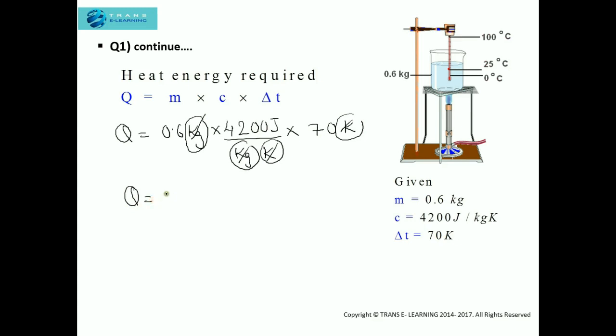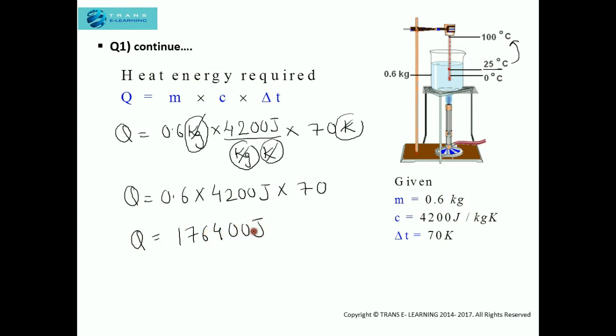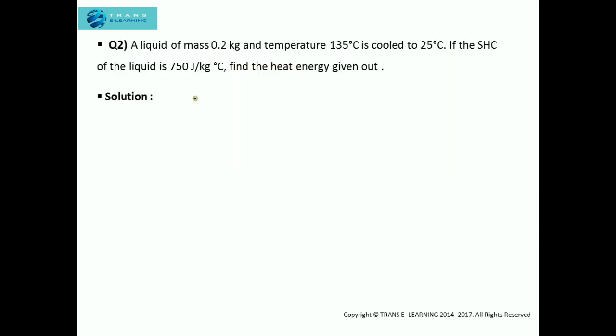So Q equals 0.6 into 4200 joules into 75. On solving this, we will get the value as 189,000 joules. This is the amount of energy required to raise the temperature of water from 25 degrees Celsius to 100 degrees Celsius. Next question.